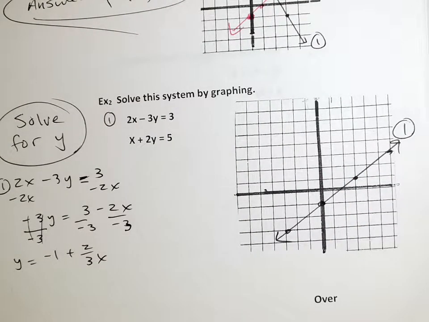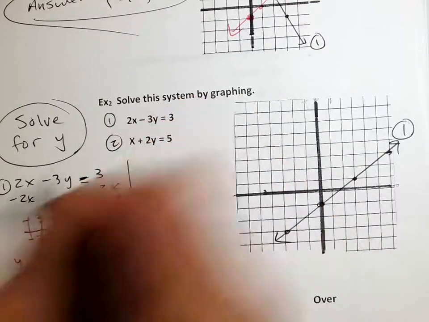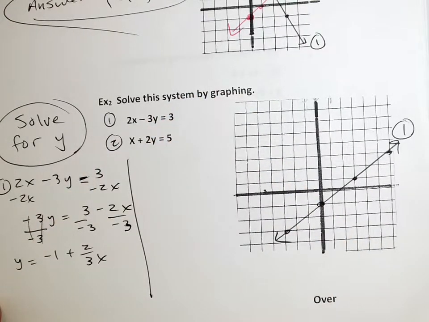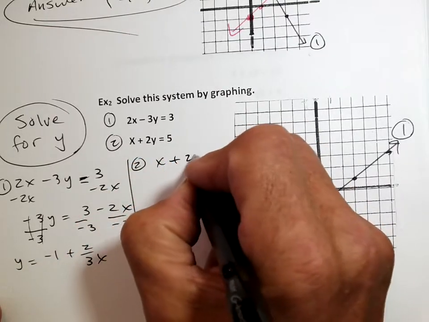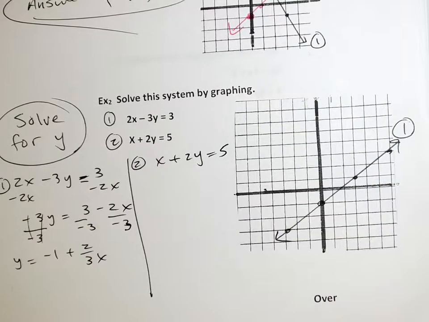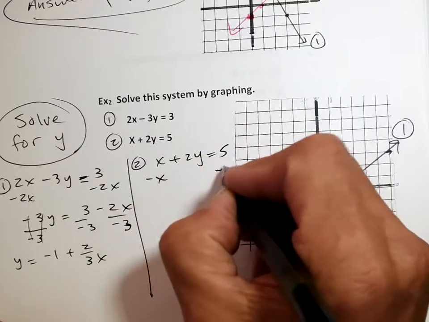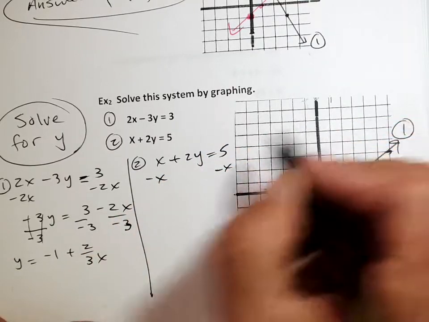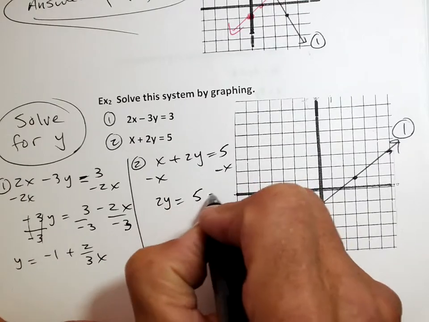Okay, not going too fast? Line 2, I've got x plus 2y equals 5. Again, I solve for y, so I'm going to get rid of the x by going minus x on both sides. I get 2y equals 5 minus x.